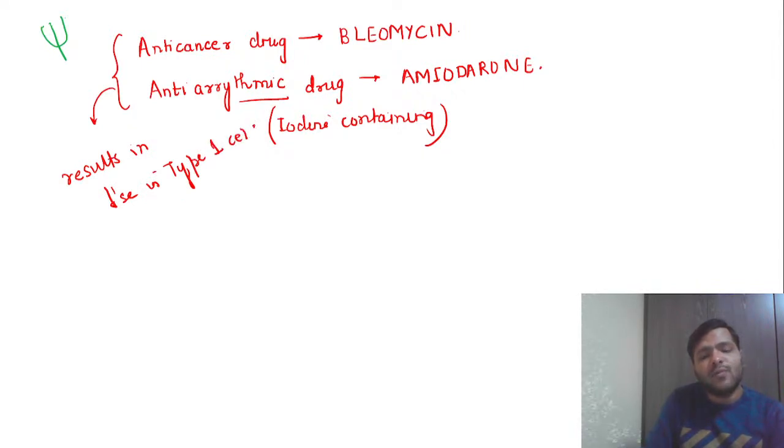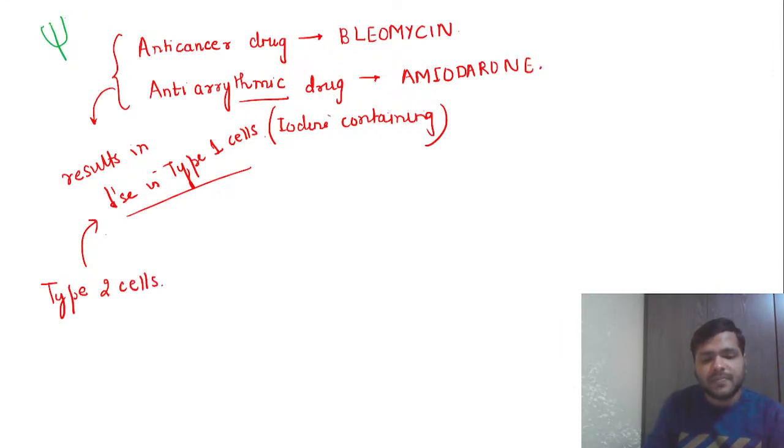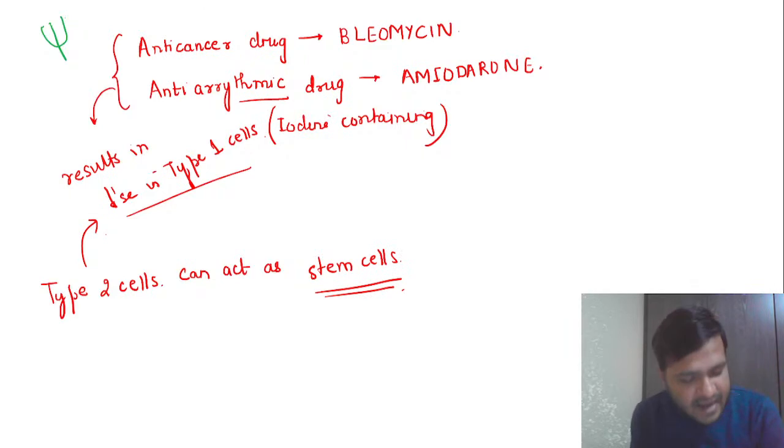Everyone knows that here the type 2 cells will again act as stem cells and produce these type 1 cells.